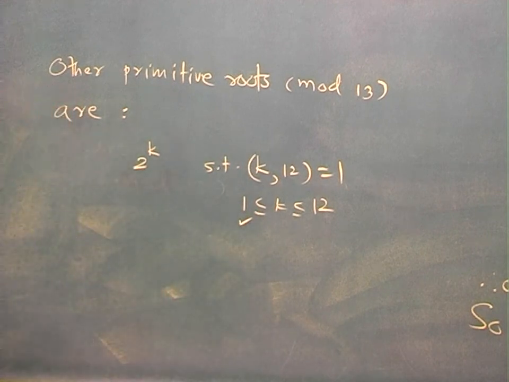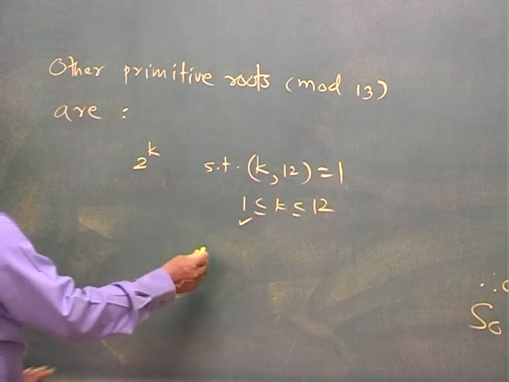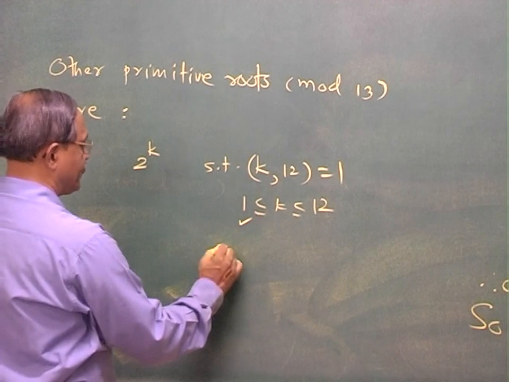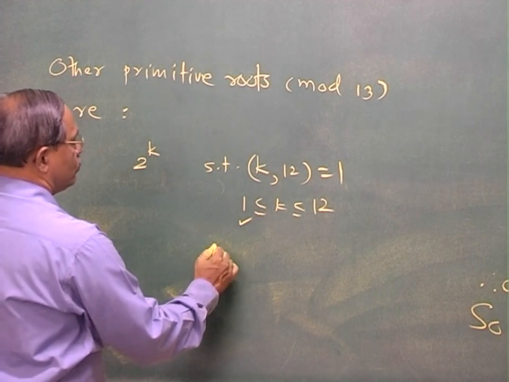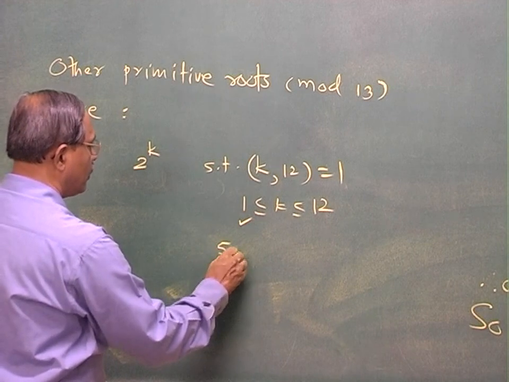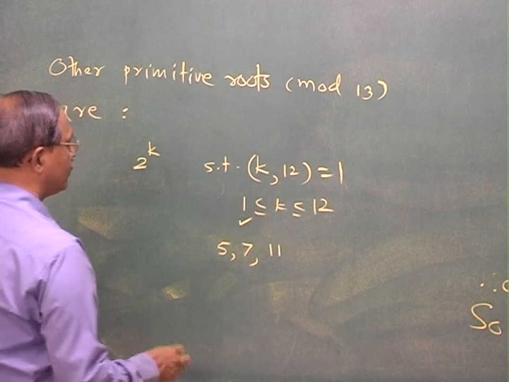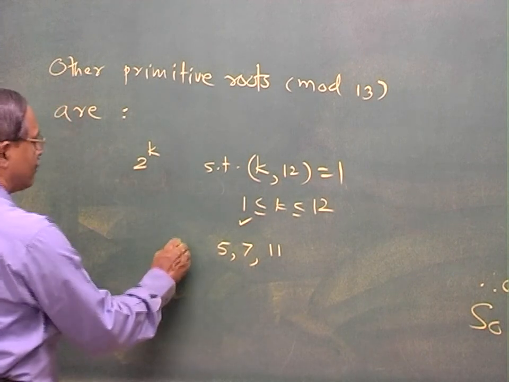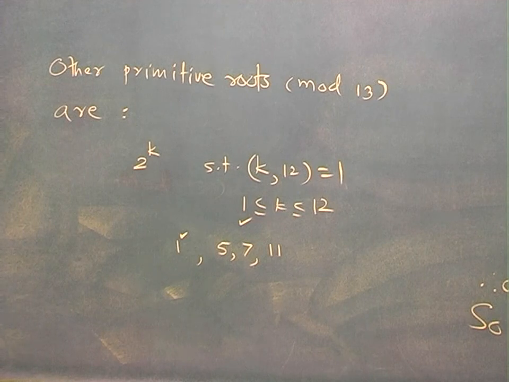So others you have to find out. So what are the values of k which are co-prime to 12? They are 5, 7, 11. So 1 is there which I already considered, and these are remaining 5, 7, 11.